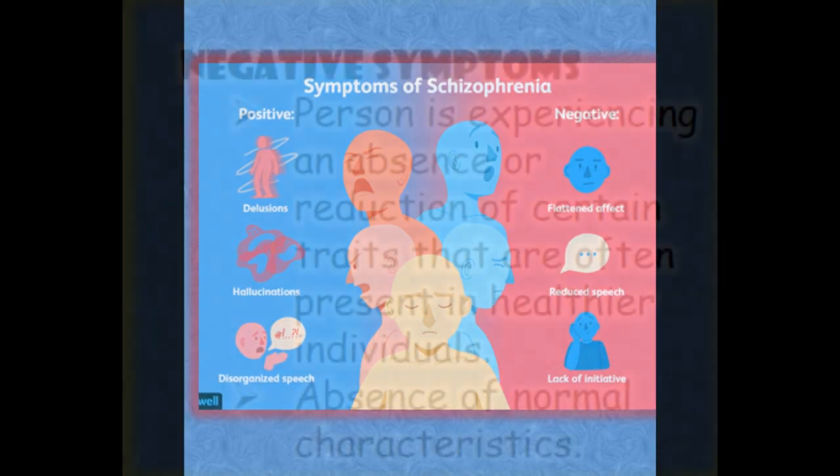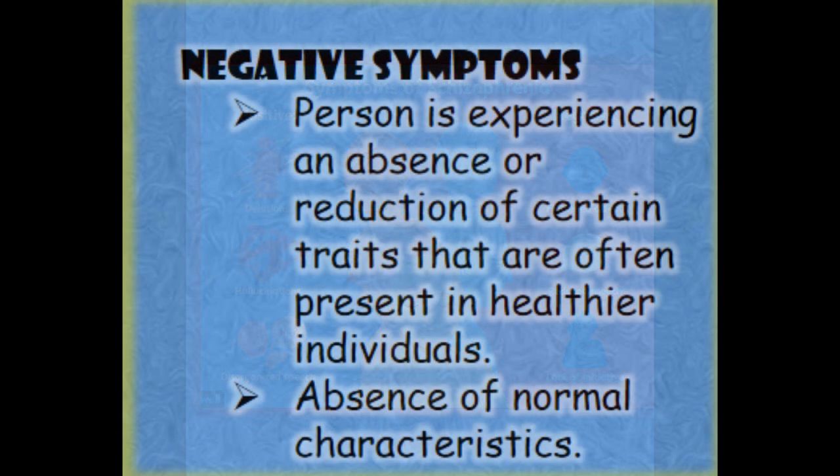Okay, and then for negative symptoms naman, ang ibig sabihin po niyan is a person is experiencing an absence or reduction of certain traits that are often present in healthier individuals. So, itong mga negative symptoms naman po ito, pwede po itong makita natin sa mga taong normal or walang sakit ng dementia precox.